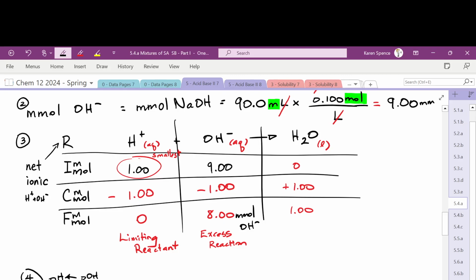And if we want to find pOH, what do we need? We need concentration of OH. Can we find the concentration of OH minus? Yeah. Concentration of OH minus equals millimoles of OH minus over milliliters of solution. Yes? So we know we have 8.00 millimoles of OH minus.